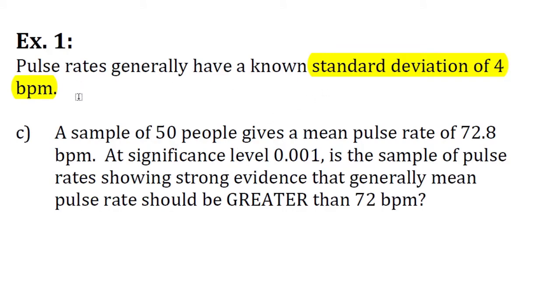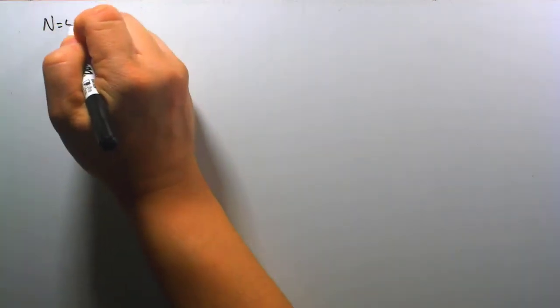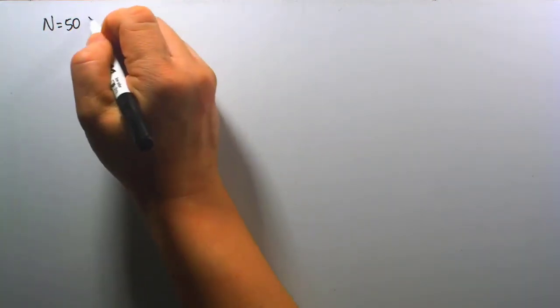My point is that we did not know whether our beginning population was a normal distribution or not. But thankfully, our sample size, currently being 50, is well above 30.